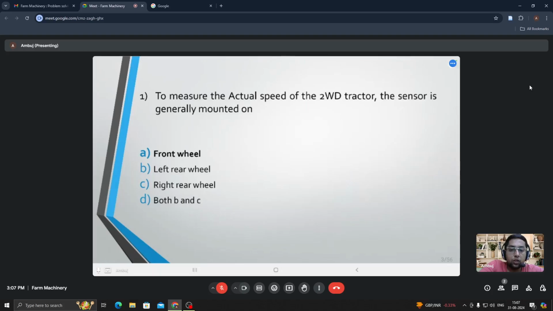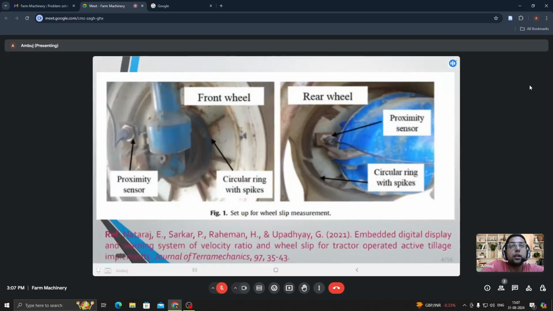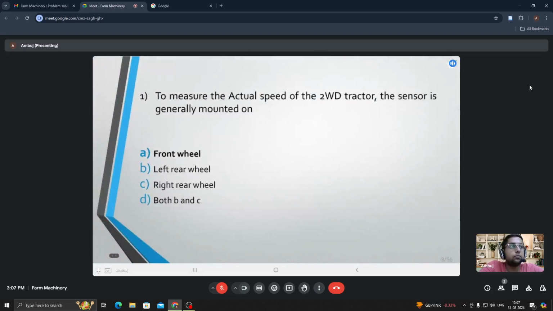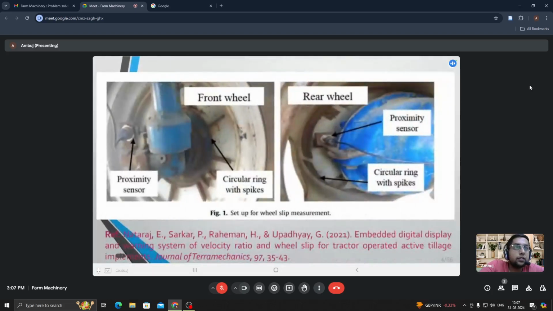Why is it so? Just try to look here. This is a particular sensor, a proximity sensor, which is what is being asked about here. This proximity sensor is used to measure the rpm of a wheel. It emits infrared pulses.